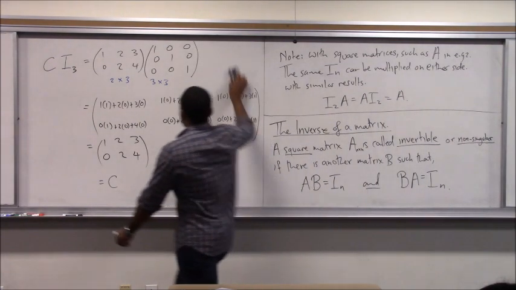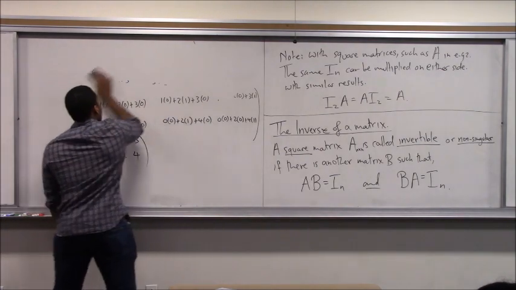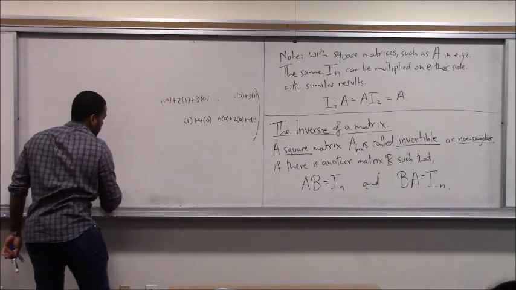If such a matrix exists, we call that matrix the inverse of A, or A inverse.